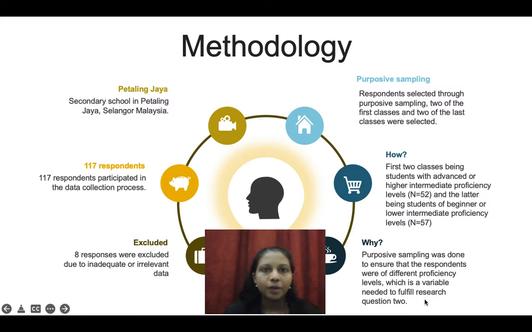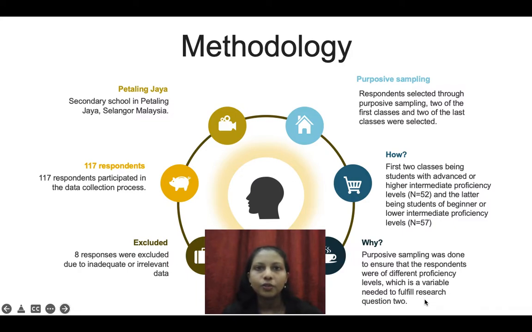Methodology. Population and sample. The sample of the study was taken from a secondary school in an urban area of Petaling Jaya, Malaysia. A total of 117 respondents participated in the data collection process. Upon screening the collected responses, 8 responses were excluded due to inadequate or irrelevant data. Therefore, the analyzed data were obtained from 109 respondents.